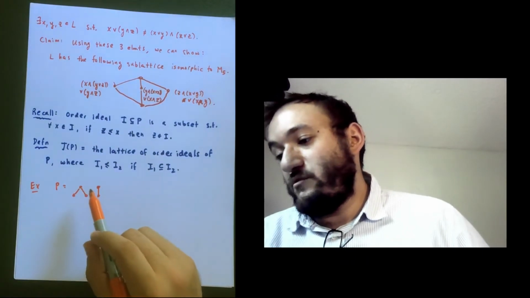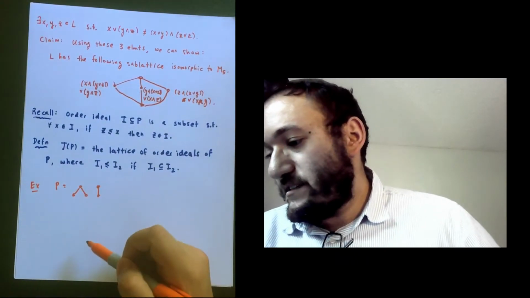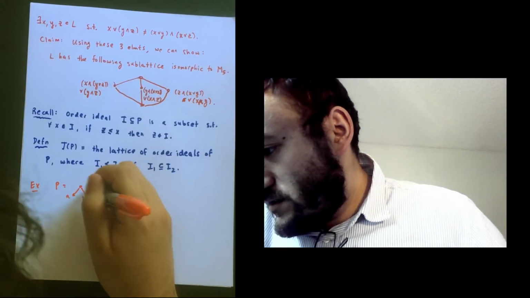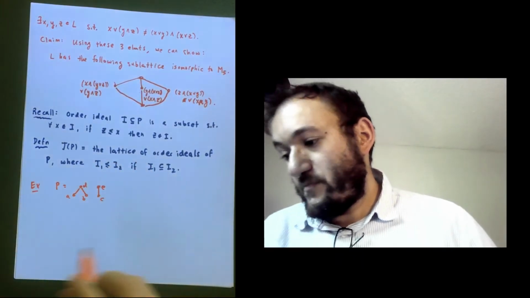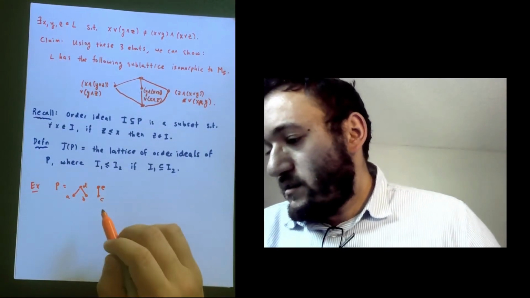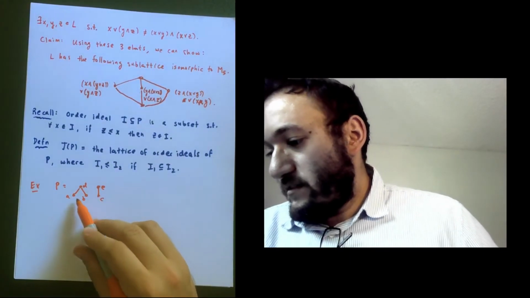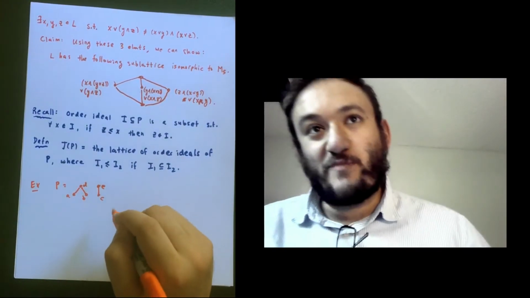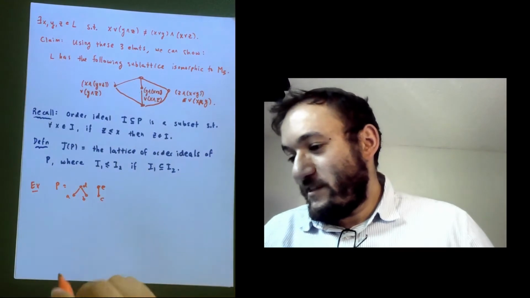It's a disjoint union of two smaller posets. Okay, so we have A, B, C, D, E. Okay, so with this, there are a lot of order ideals here. Perhaps I should have picked a smaller example, but let's work with it.